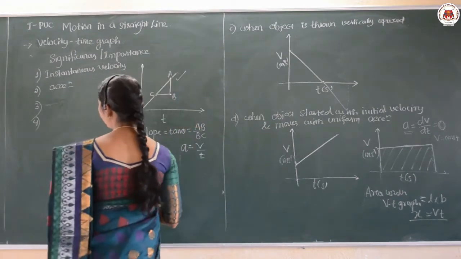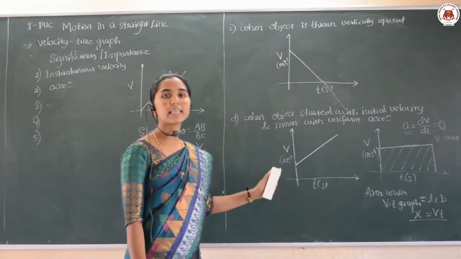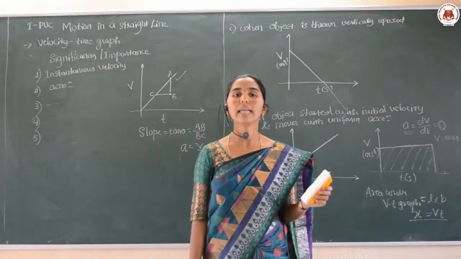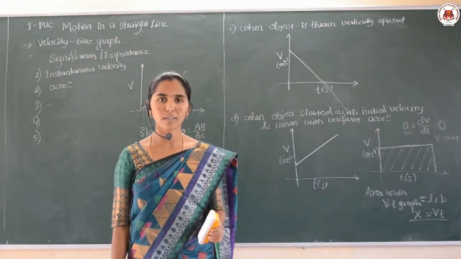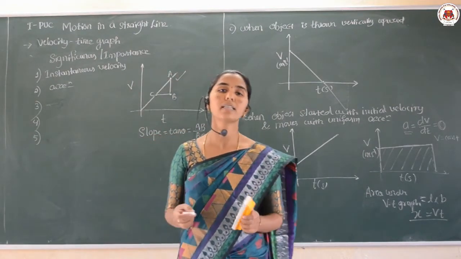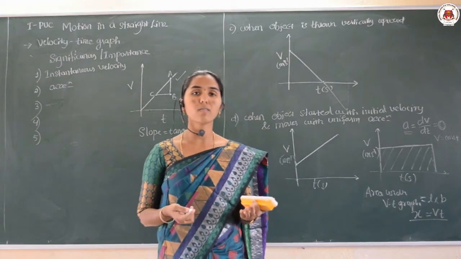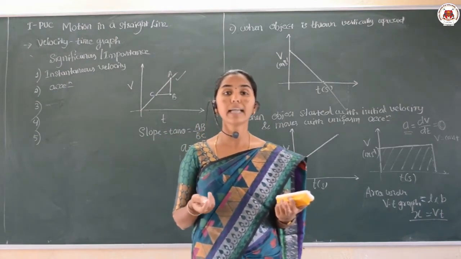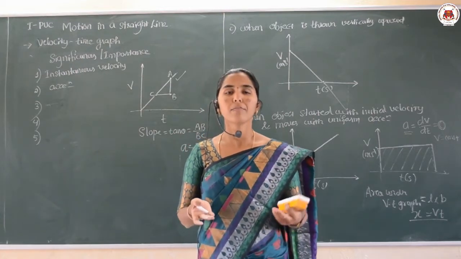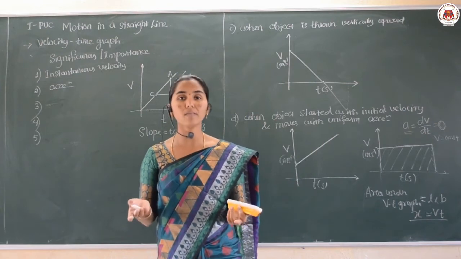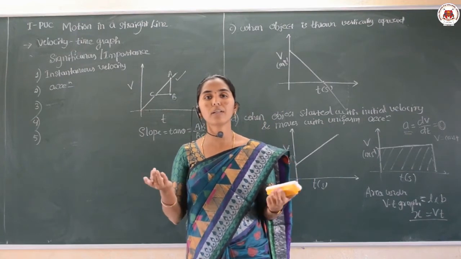And one more very important significance is, remember dear students, by using this velocity time graph we can derive the kinetic equations of motion, which are very important in understanding the motion of an object, and to find initial velocity, final velocity, the time taken, the distance traveled or the acceleration attained by the body. If one or two quantities are given, with the help of them we can determine the values of the different quantities.